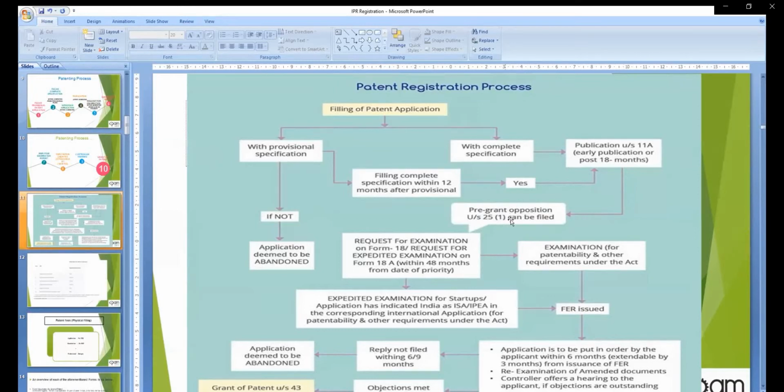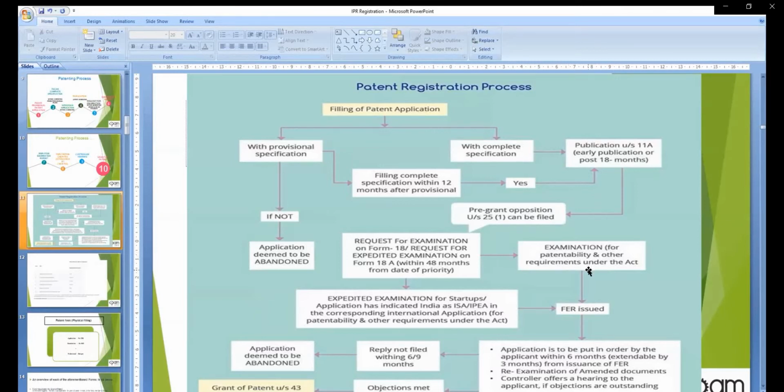From here, we wait for pre-grant opposition. Then there is the request for examination, which can be made by any party. For example, if somebody has an opposition, he can also file it along with the request for examination, and the original owner or innovator has to himself file the request for examination in Form 18.